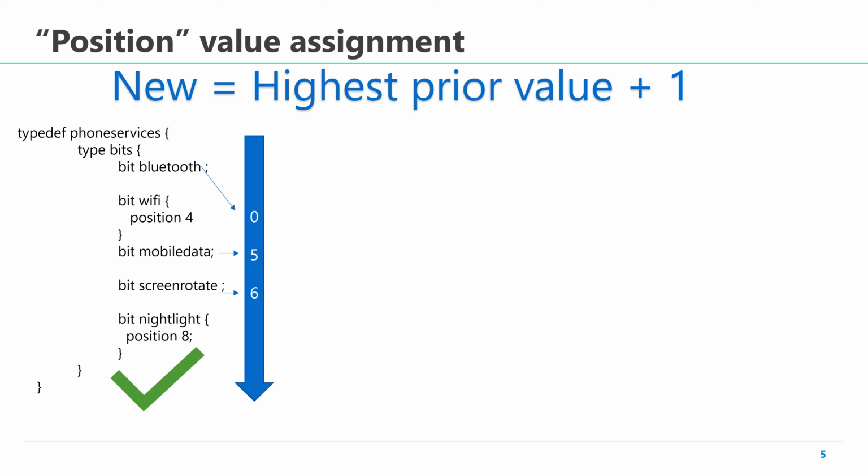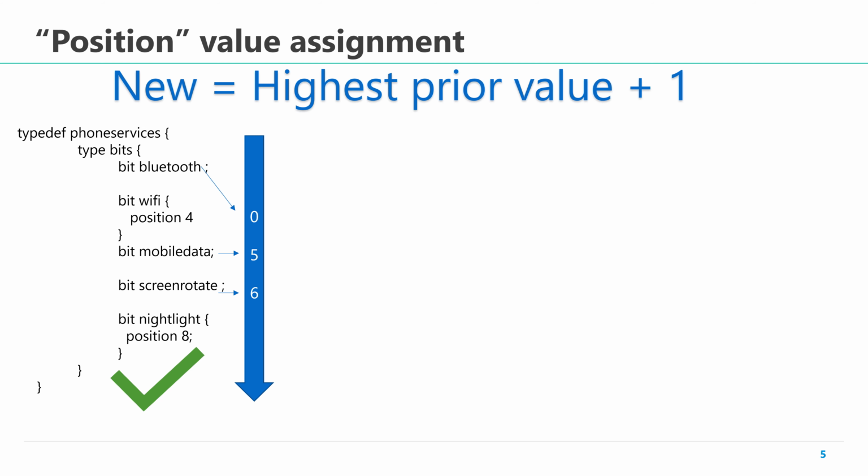As you can see here, the mobile data is following the bit position called Wi-Fi, for which a value of 4 has already been assigned, and prior to that we have the Bluetooth bit for which no value has been assigned. So the Bluetooth bit position is marked as position 0.